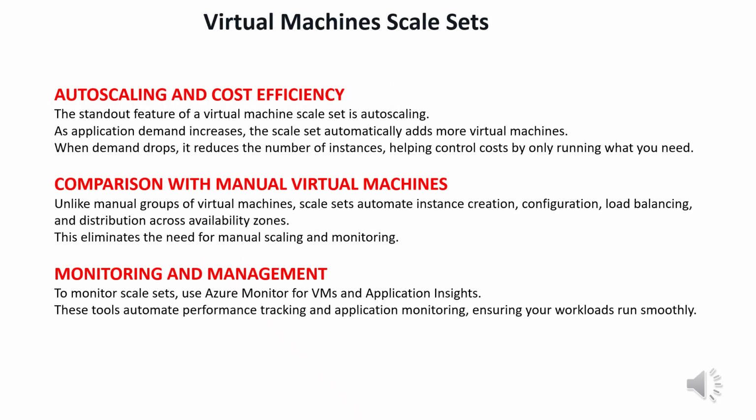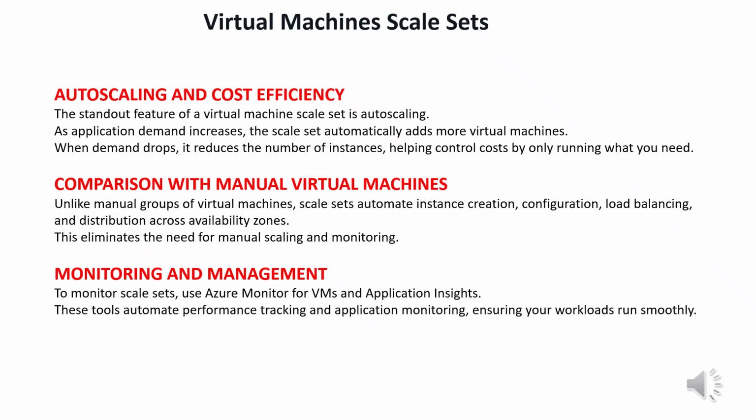Auto-scaling and cost efficiency. The standout feature of a virtual machine scale set is auto-scaling. As application demand increases, the scale set automatically adds more virtual machines. When demand drops, it reduces the number of instances, helping control costs by only running what you need. Comparison with manual virtual machines.